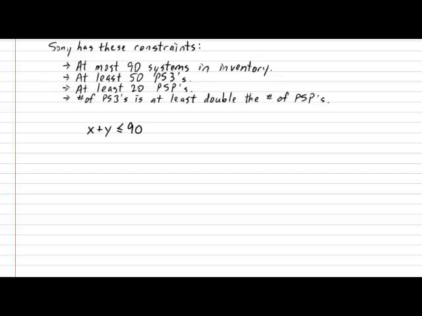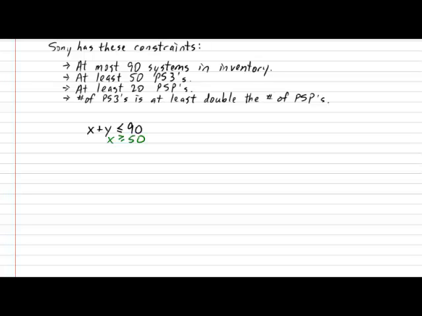Next, the second constraint states that Sony would like to have at least 50 PlayStation 3s. So, this leads to a very easy inequality of x must be at least 50. Next, the third constraint states that Sony would like to have at least 20 PlayStation Portables.